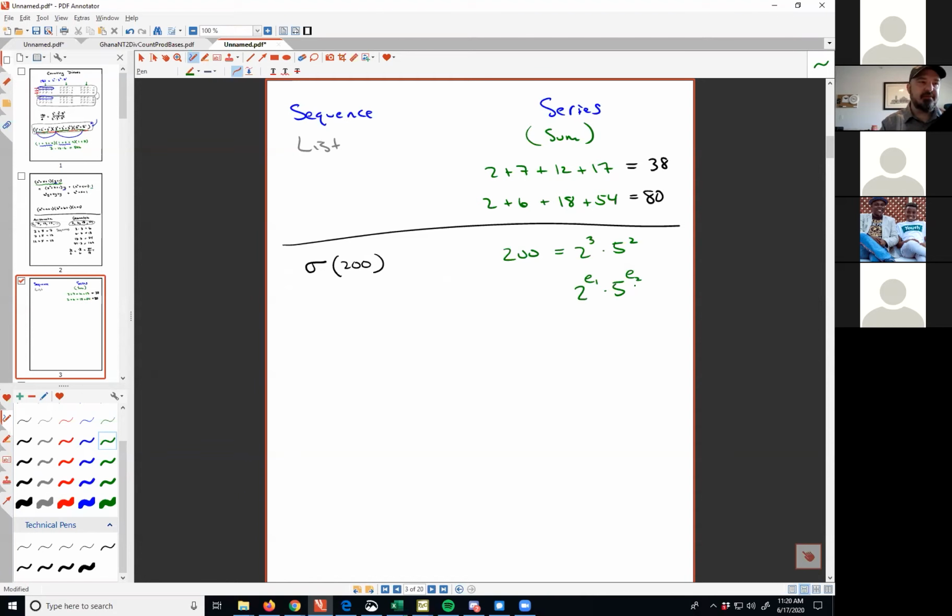But if we want to add them together, we want to add together all the possible prime factorizations.